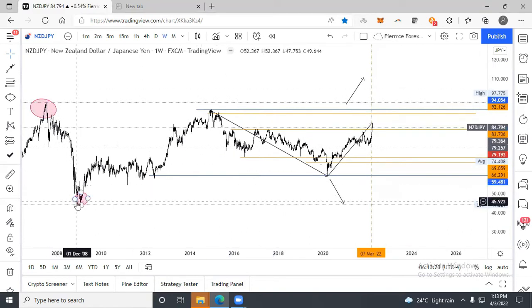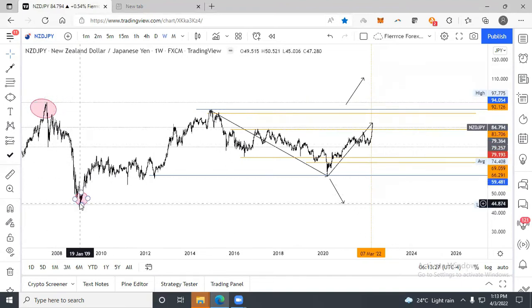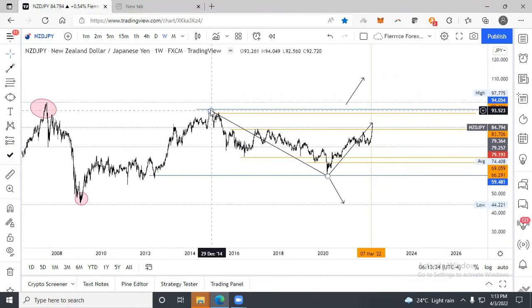So there's this external range, and then there's this internal range here. We didn't quite take out the external high there; it formed an internal high.